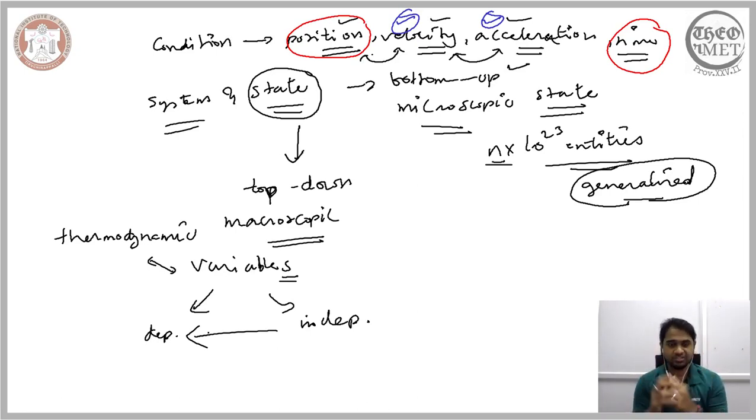In order to fix the state of the system, we just have to set definite values to the independent variables. By doing so, we are ultimately fixing the dependent variables as well, thereby fixing the entire state of the system.